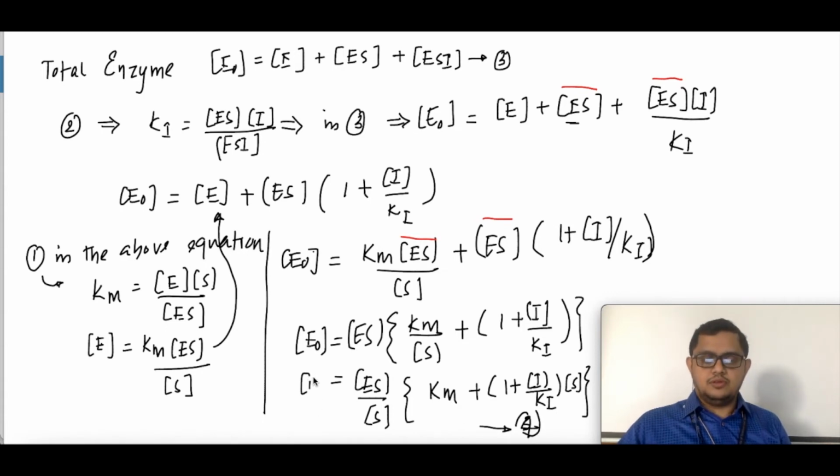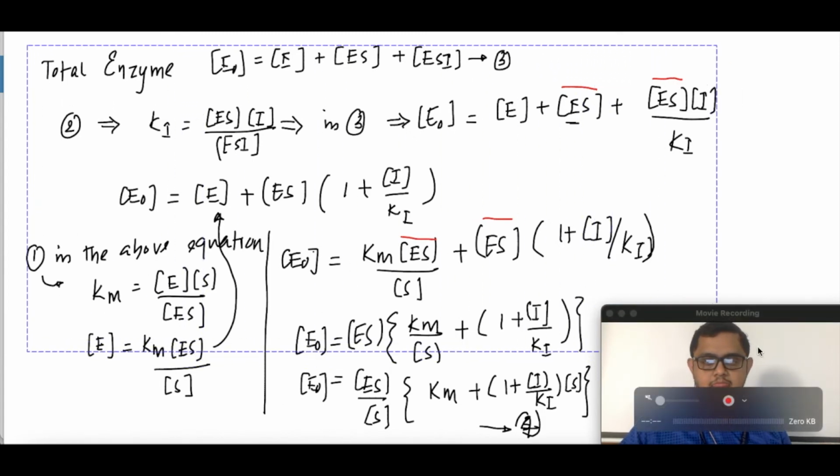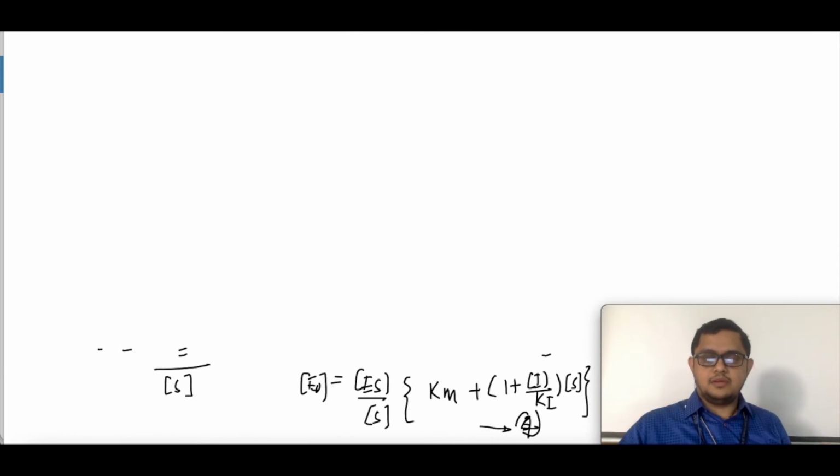So, 4 is E naught. So, now keep this equation, you are substituting this 4 in equation number 1. So, that is the next term. Let me erase this again, just keeping this equation for our continuation purpose.